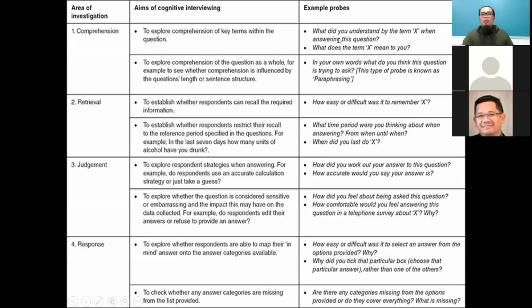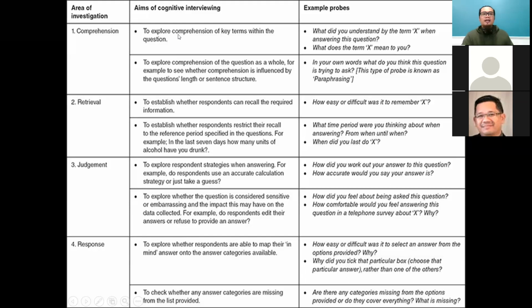Example probe: what do you understand by the term X when answering this question? What does the term X mean to you? So we ask the question regarding what you understand about term X.